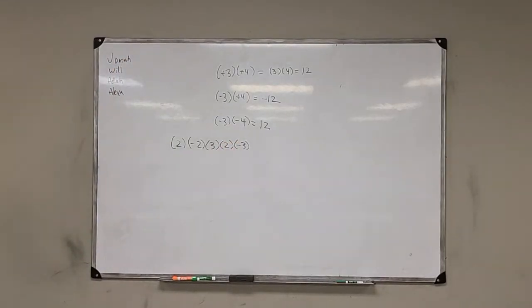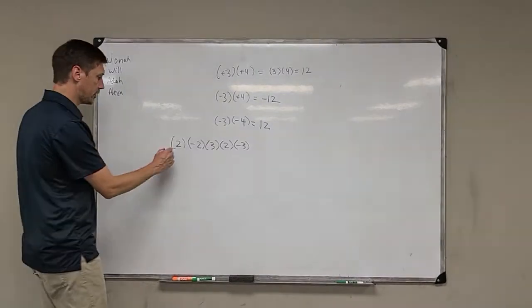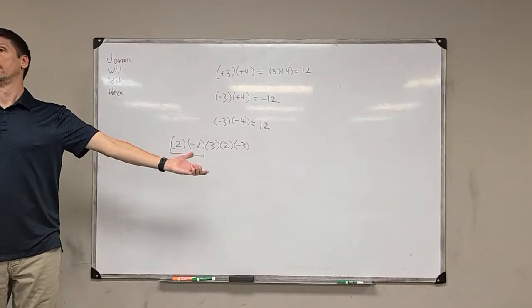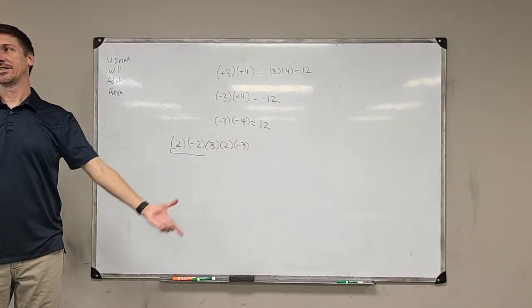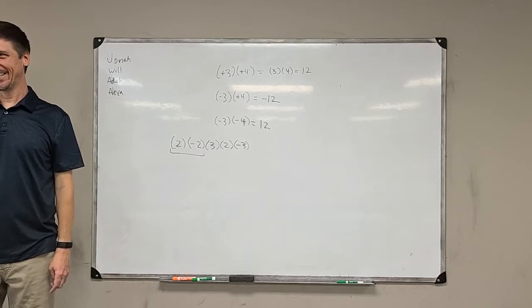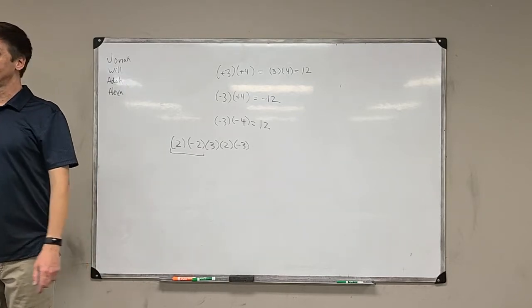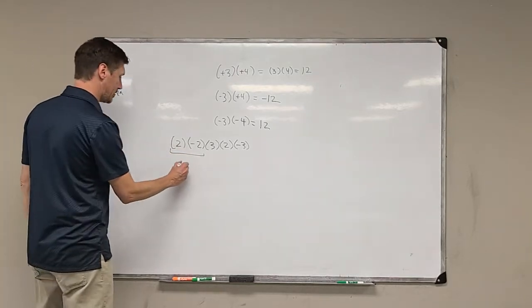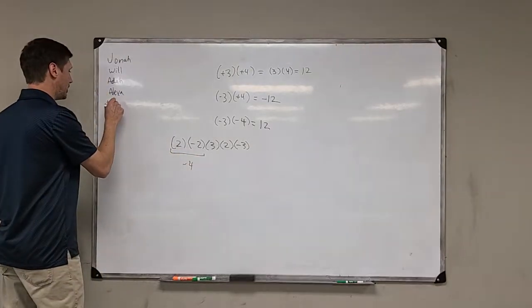We just take them in pieces, one at a time, right? We do this one first here. 2 times negative 2 gives us what? This is too easy for me even to answer, right? Negative 4, right? 2 times a negative 2 gives us a negative 4.